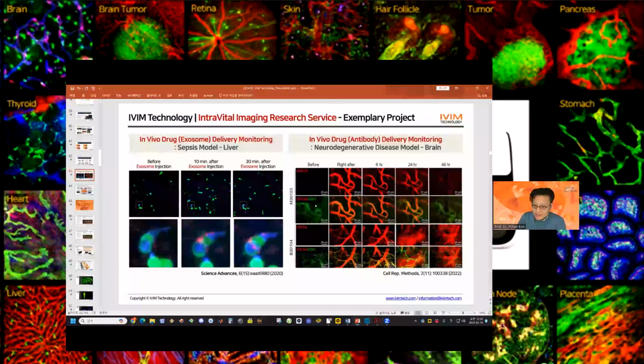If you can see here, this is actually the antibody drugs. The upper panel is just a naive antibody drug, and the lower panel is some modified antibody drug that can penetrate the BBB.